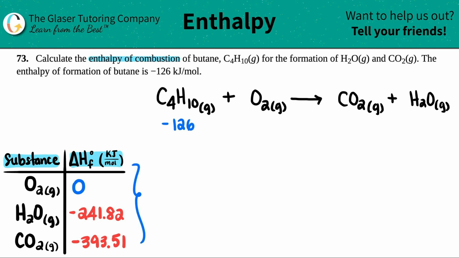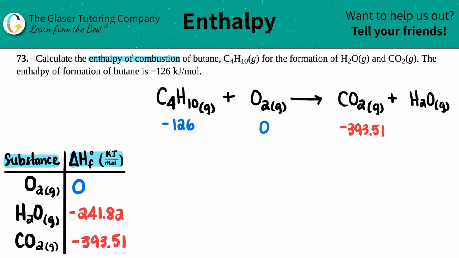Now, for the rest of them, I had to find these values in an appendix. The textbook that I was using, I went to the back of the textbook and found the delta H values for O2 gas, H2O gas, and CO2 gas. So for O2, it's 0. For CO2 gas, it's negative 393.51.